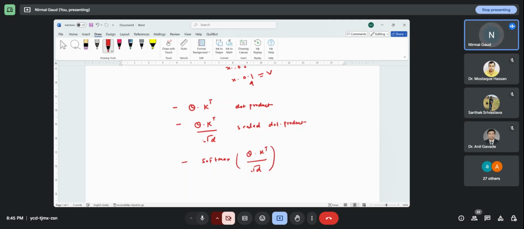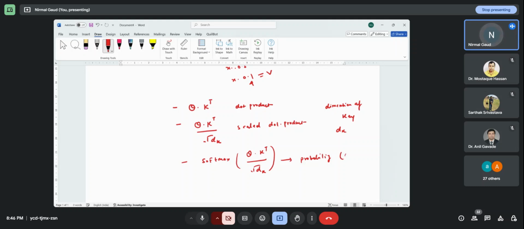Here, square root of d is the dimension of key. Let us suppose dk, that's the dimension of key. Then take the softmax, which will give you probability values.